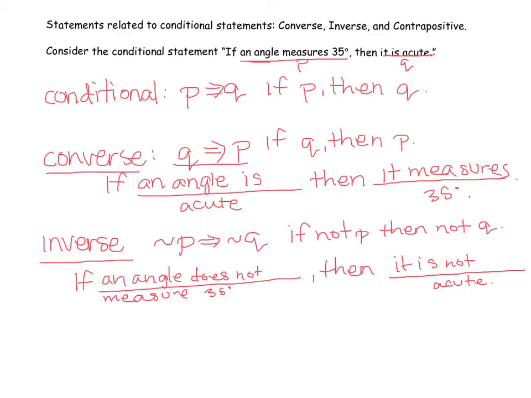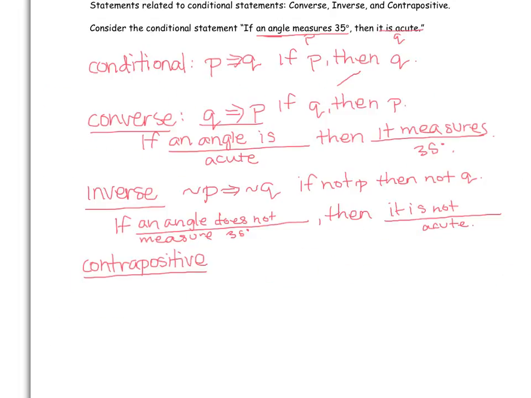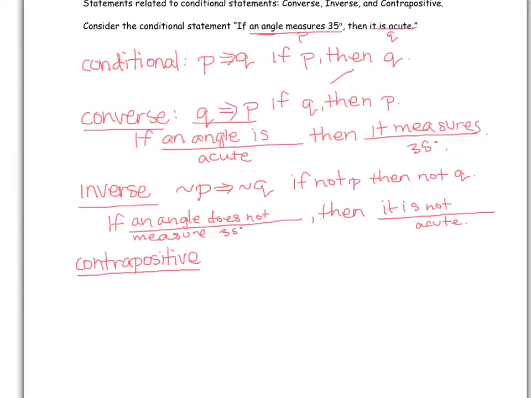And then the last one is called the contrapositive. The contrapositive of a statement is the opposite of Q, or the negation of Q implies the opposite or negation of P, the hypothesis.